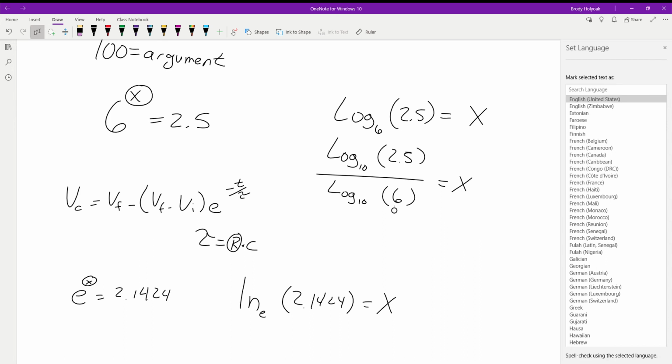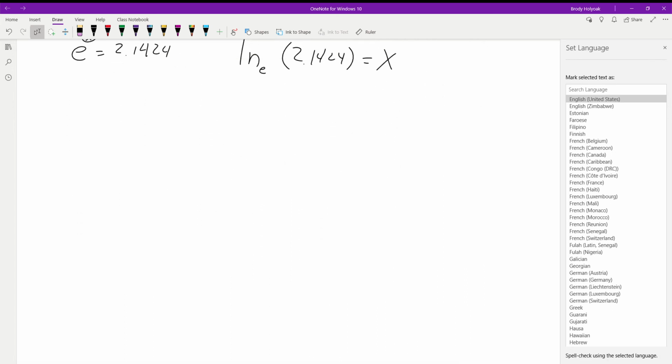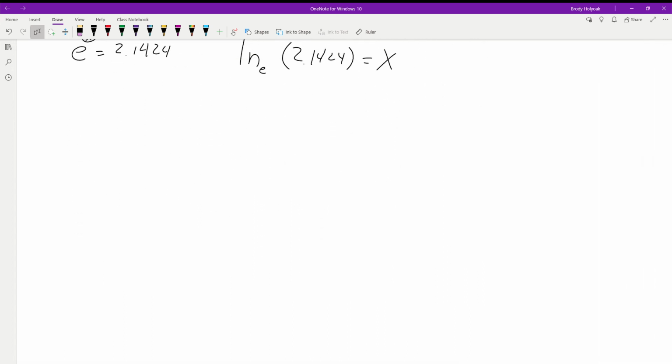Okay. So, for example, in the quiz, we are going to have this. If we have 10 to what power will give us 1700?